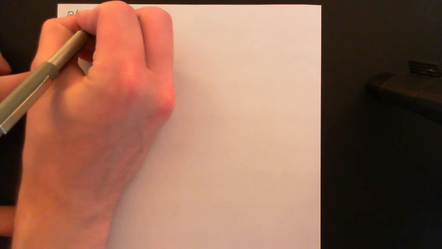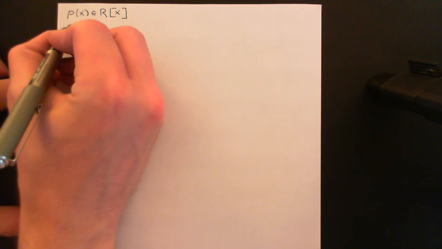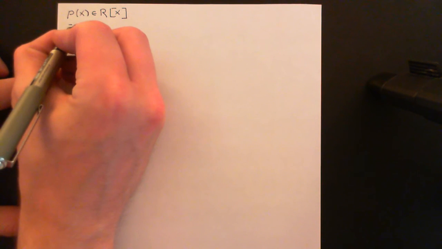I said it correctly, but when I wrote it out I made a very small mistake, so I would like to rewrite it out on a fresh sheet of paper here and make sure it's correct. We are dealing with a polynomial p of x in our ring of polynomials over an integral domain, so it's in R adjoin x, and this polynomial must satisfy two conditions.